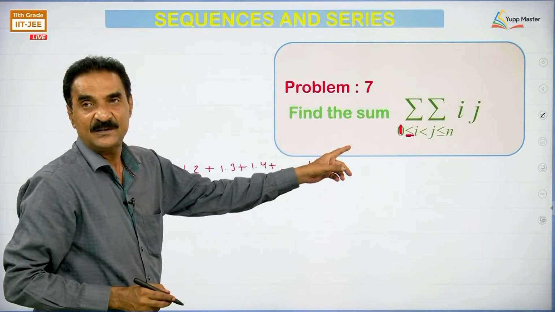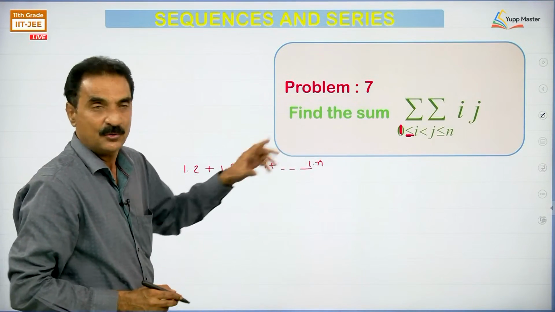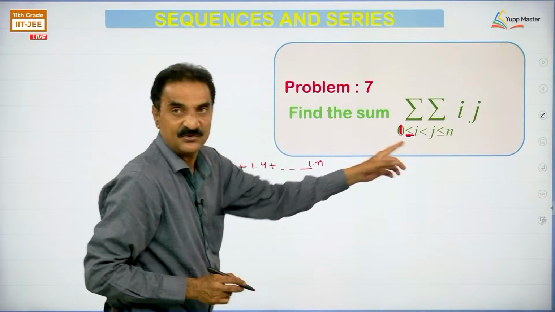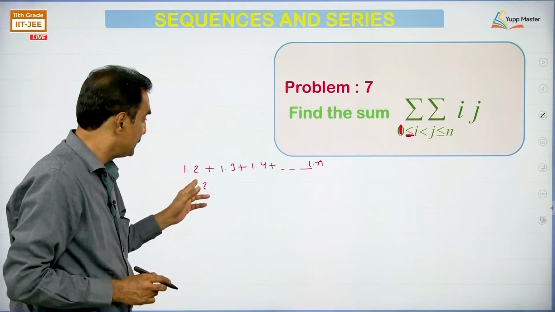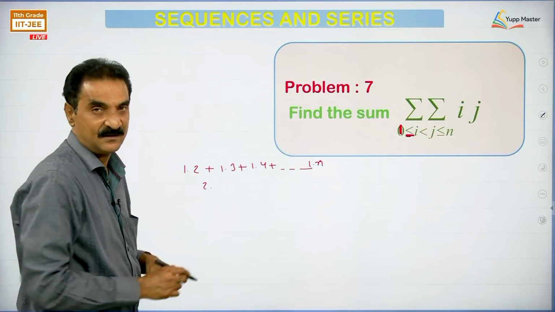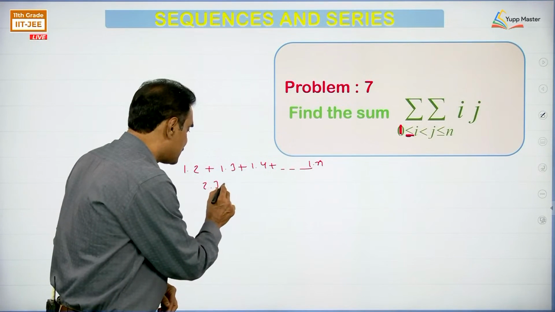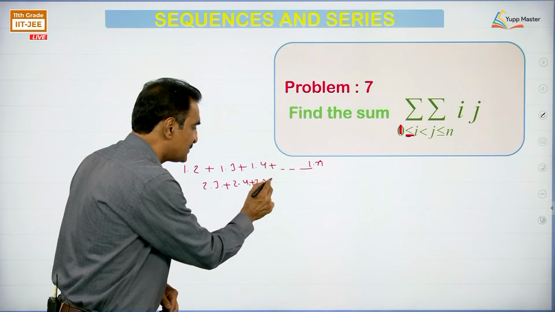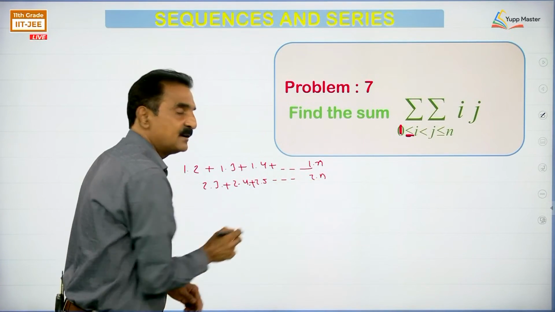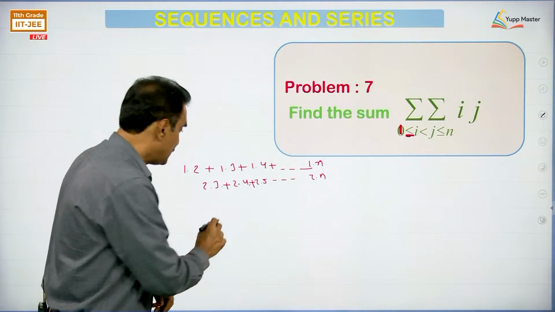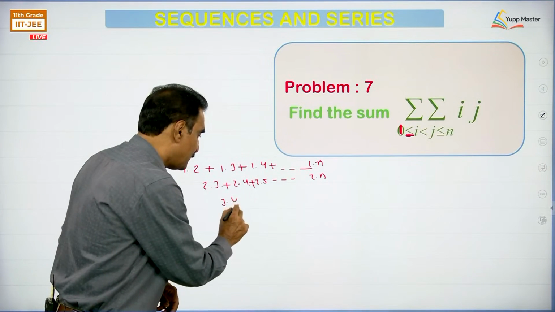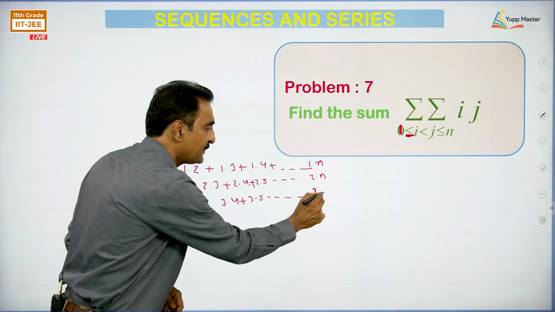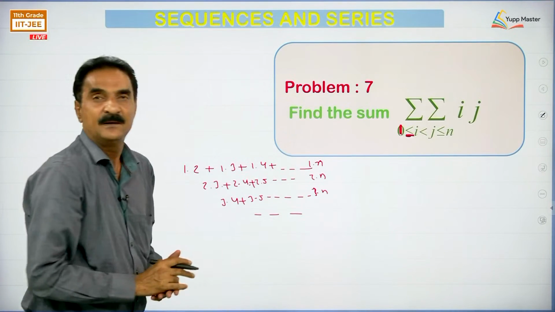If you take the next value of i, 2, then j should be greater than 2, so j should start from 3 to n. So 2 into 3 plus 2 into 4 plus 2 into 5 and so on to 2 into n. If you take i is equal to 3, 3 into 4 plus 3 into 5 and so on to 3 into n and so on.